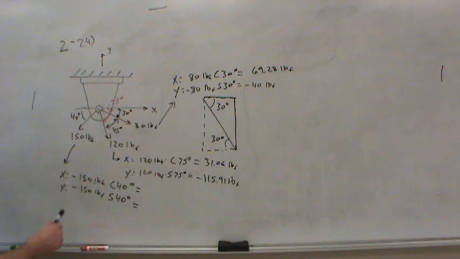So 150 times cosine of 40 degrees is what? And 150 times sine of 40 is what, please?